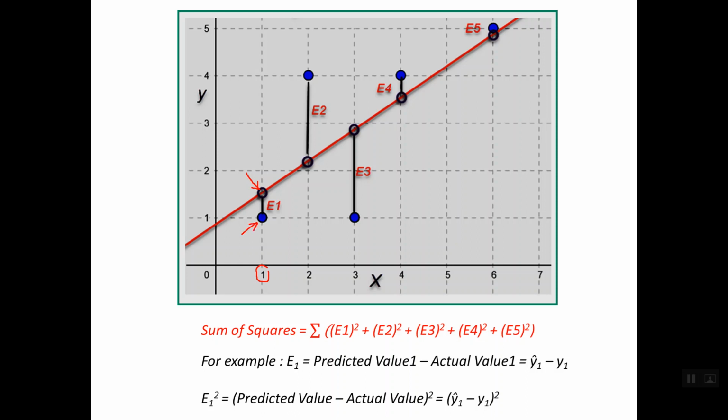So the value of E1, which is the error 1, is simply the predicted value minus the actual value, which is y1 hat minus y1. So in order to ignore the conflict of the sign of the error, we take the square of E1. So E1 squared is equal to (y1 hat minus y1) all squared.